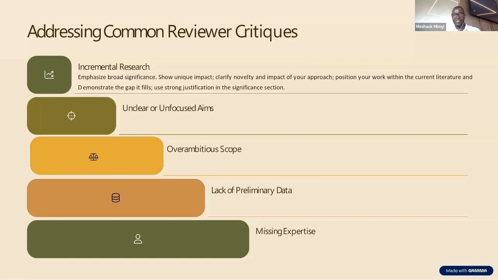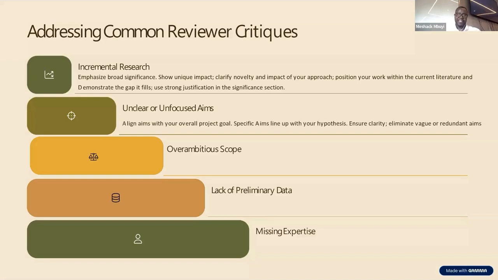Clarify the novelty and impact of your approach. Also position your work within the current literature and demonstrate the gap that this research will fill, and use strong justification in the significance section. That is one of the ways that you can address the critique of research being incremental.